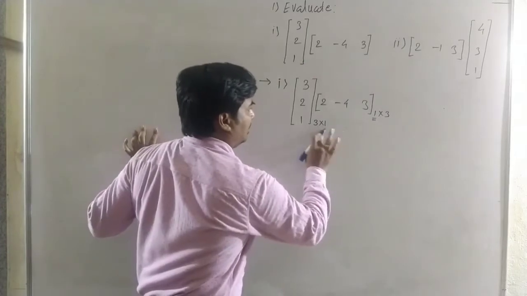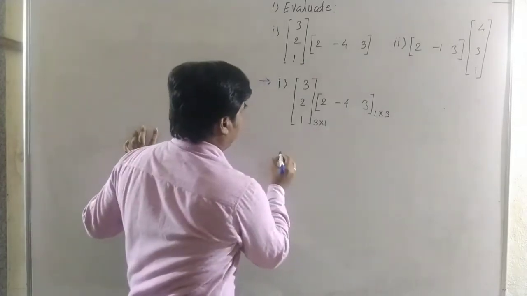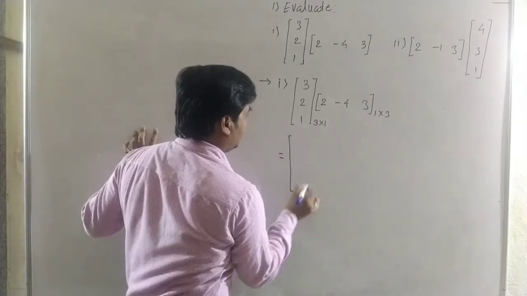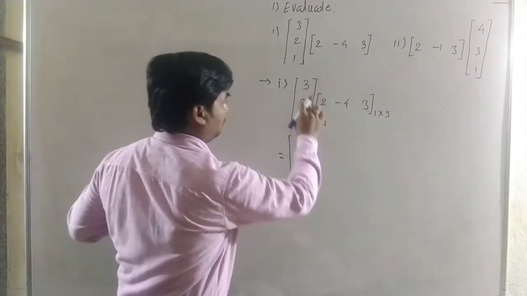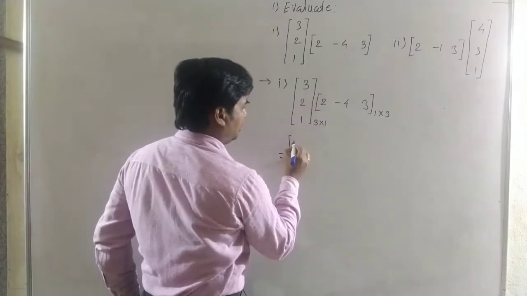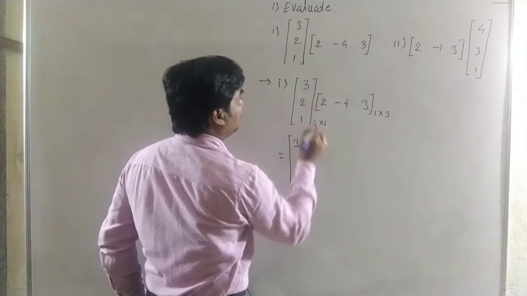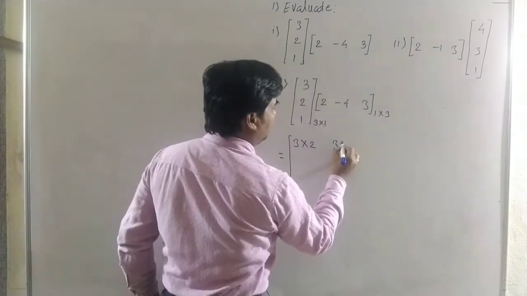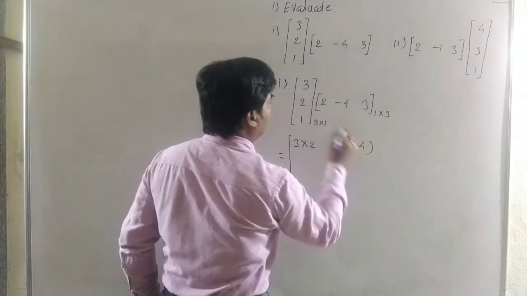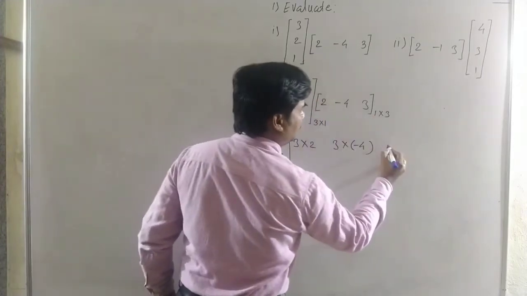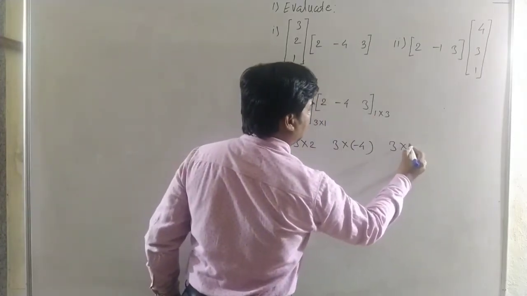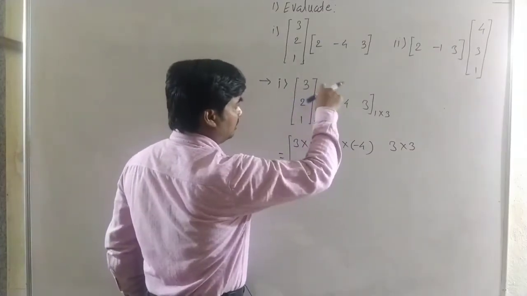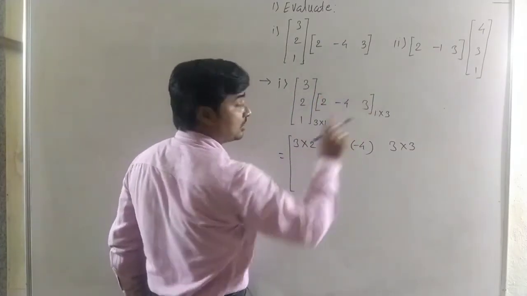See carefully. First row, first column is 3 into 2. Then first row, second column is 3 into -4. Then first row, third column is 3 into 3. Here the first row is multiplied by first column, then second column, and then third column.